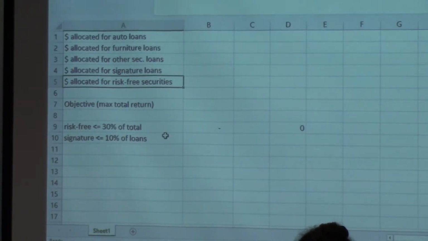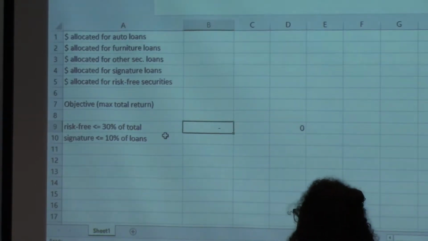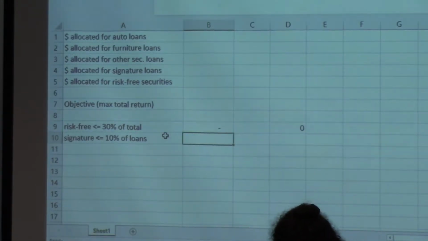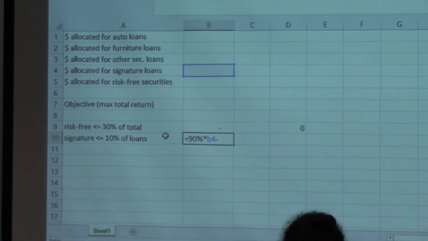So we will do the same thing as we did right here. But instead of getting 100% minus 30%, we're getting 100% minus 10%, so you get 90% times our signature loans, which is B4, minus 10% times our other three, B1 plus B2 plus B3.